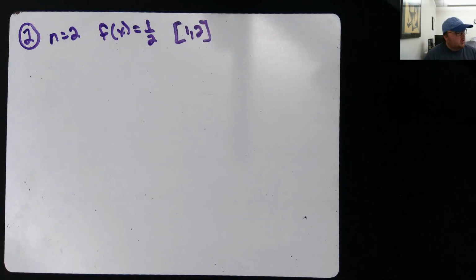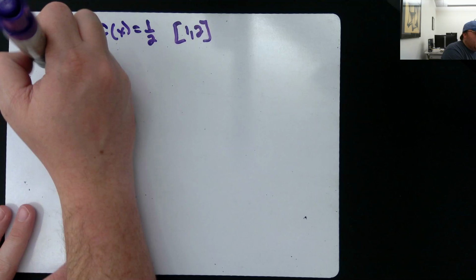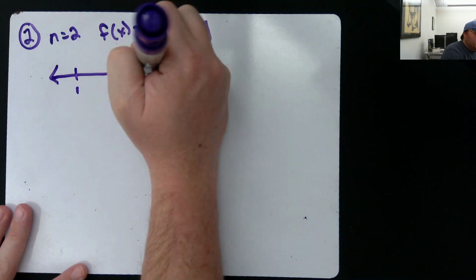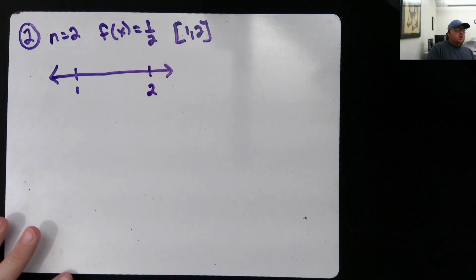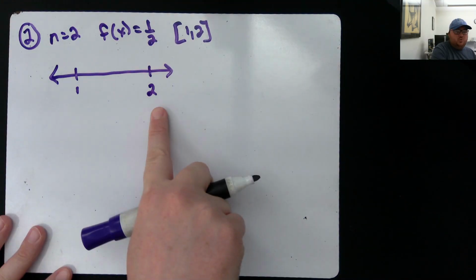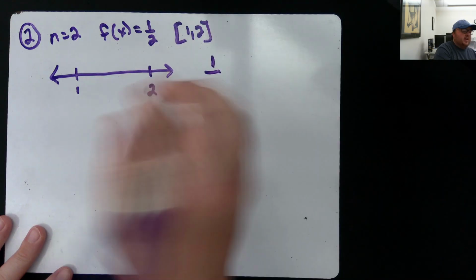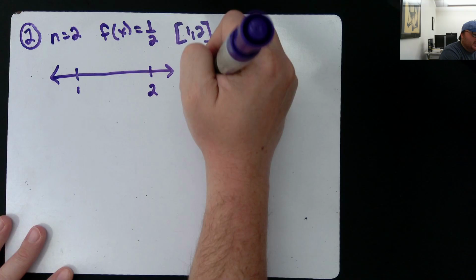So once again, I have to figure out what the range and everything is. I'm starting at 1, I'm going to 2. So my total length from 1 to 2 is going to be 1, and I'm splitting it into 2 parts, so each width is 1/2.